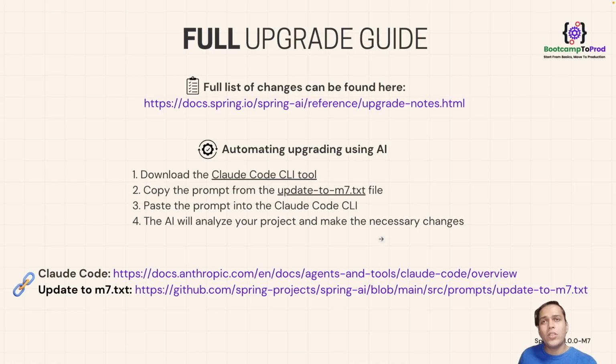Also, all the articles we have written to date related to Spring AI and the related code, we have upgraded to milestone 7 version, and the source code for each of the examples is uploaded on GitHub. So if you are working on milestone 7 version, then you can also check those examples that we have covered in our blogs and video tutorials.